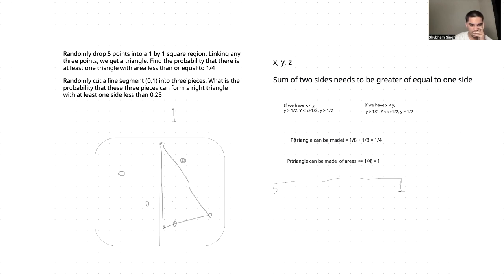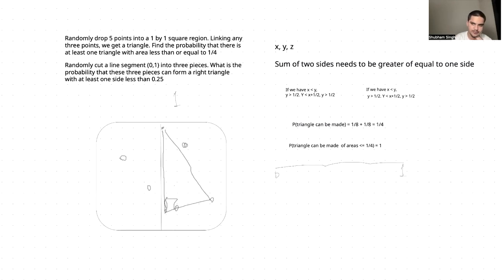And if this was a right triangle, then it would be 1 into half and half.